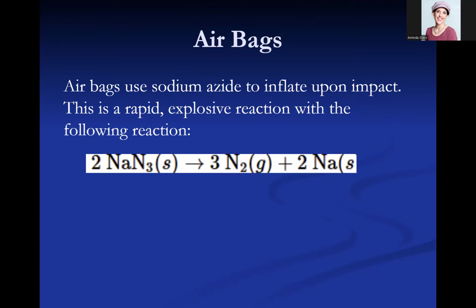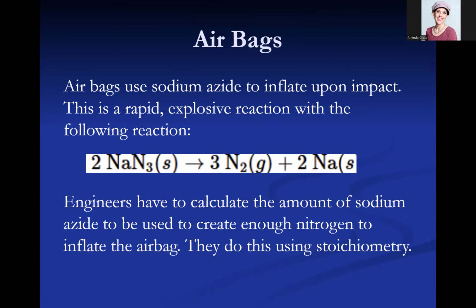Now, why in the world do we even care about stoichiometry? We use principles based off of stoichiometry every day without even realizing it. Airbags are an example. Airbags actually use sodium azide to inflate upon impact. The sodium azide will react and create nitrogen gas, and that's what fills the airbag and makes it inflate.